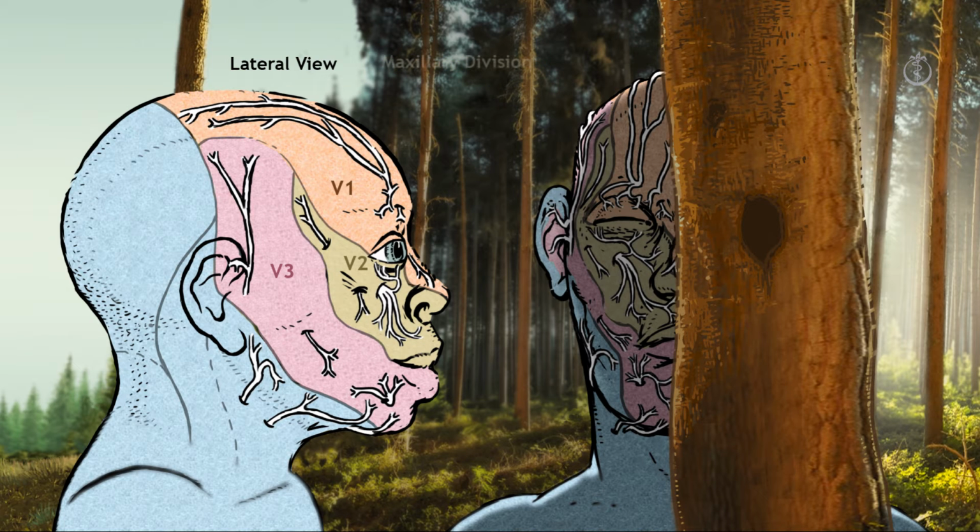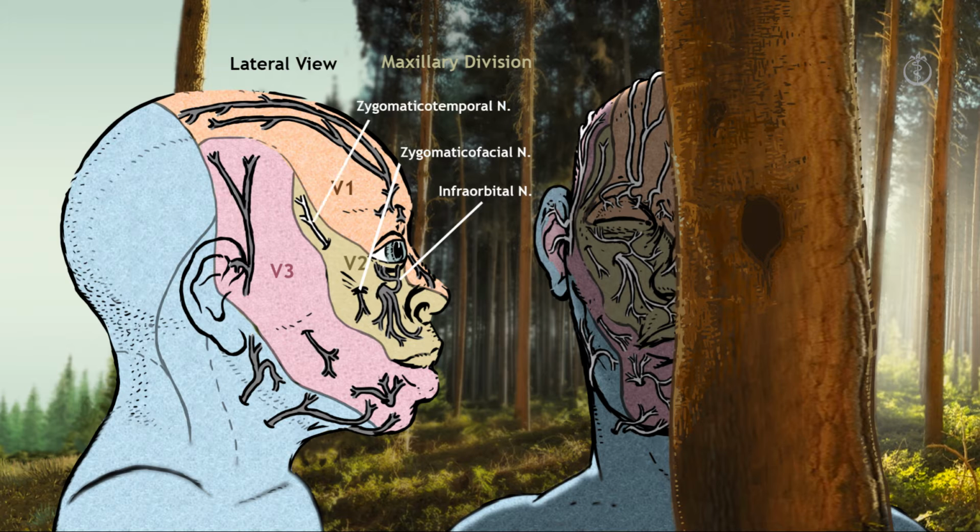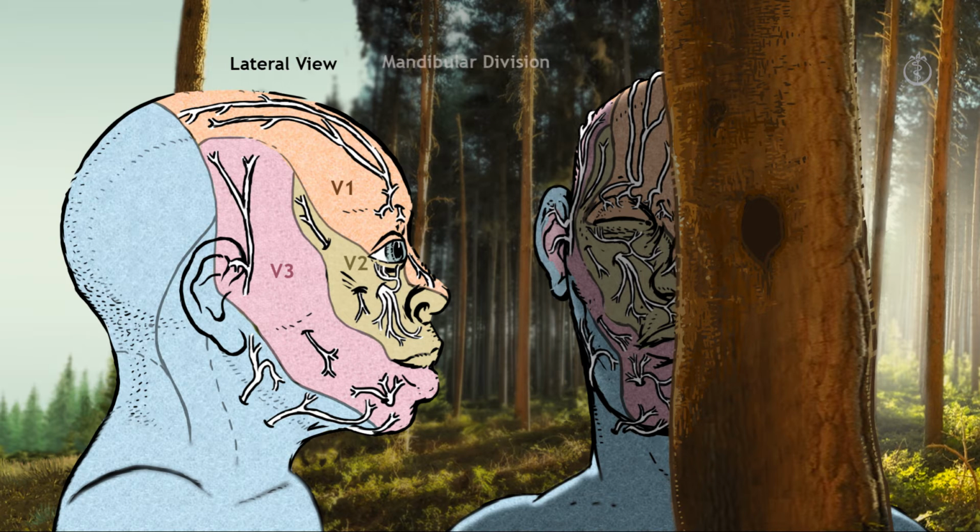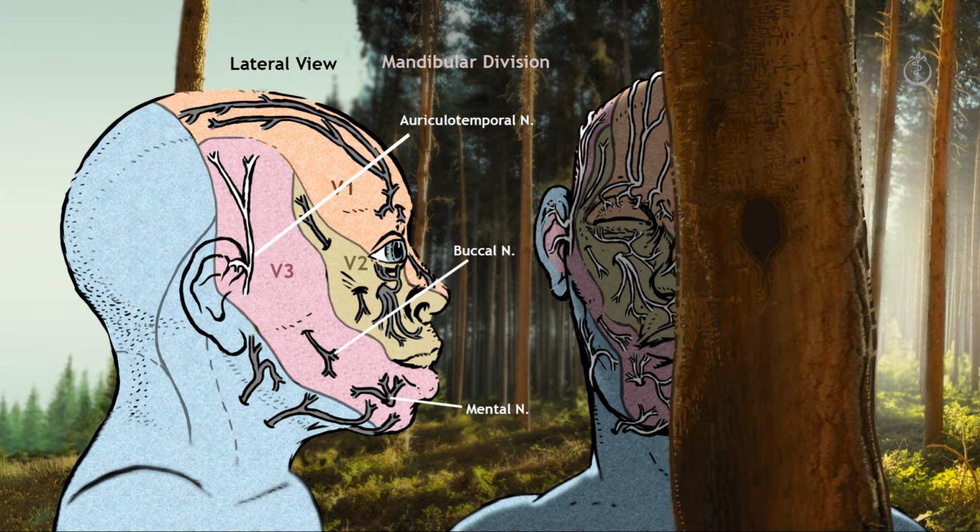Again, 3 branches come from the maxillary division: the infraorbital nerve, the zygomaticofacial nerve, and the zygomaticotemporal nerve. Finally, 3 branches are derived from the mandibular division: the mental nerve, the buccal nerve, and the auriculotemporal nerve.